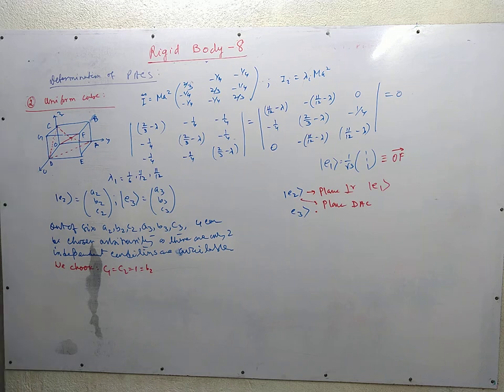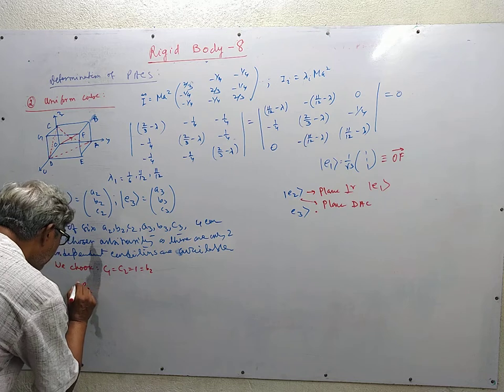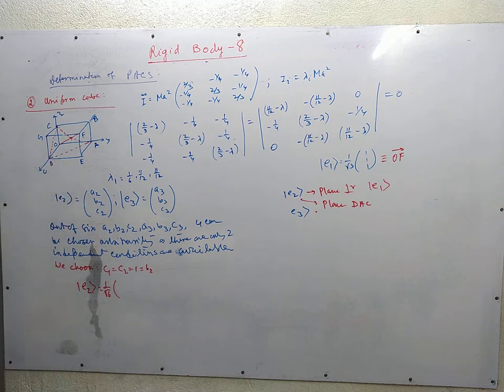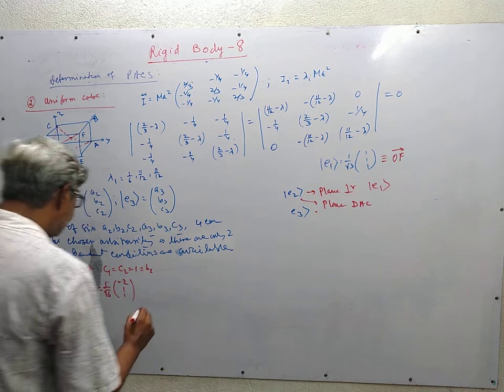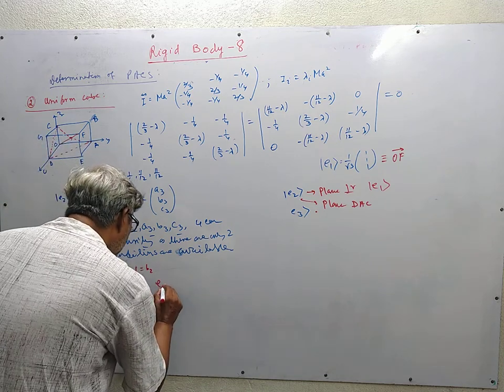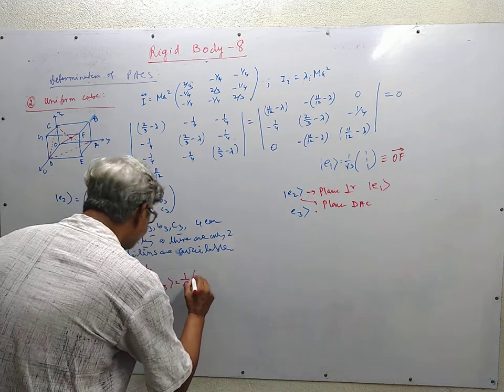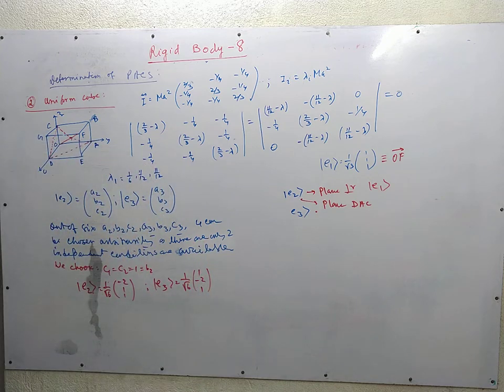And the eigenvectors that we shall get out of this are E2 is equal to 1 upon root 6 (1, 1, minus 2), and E3 is equal to 1 upon root 6 (1, minus 2, 1). Once again, these choices are not unique.